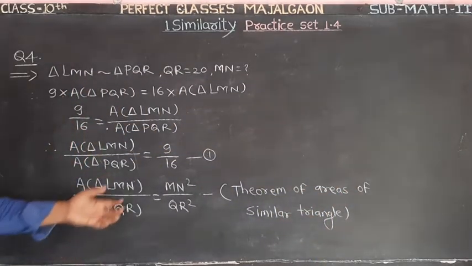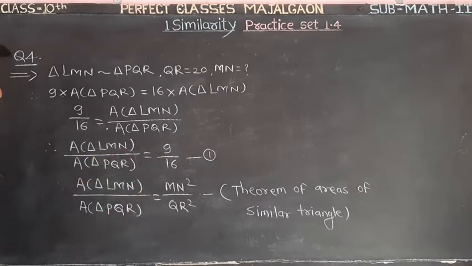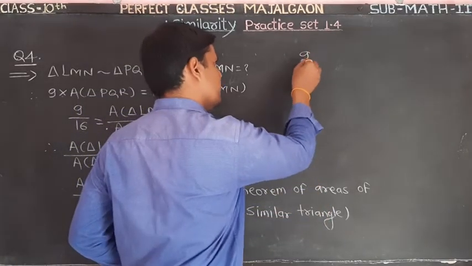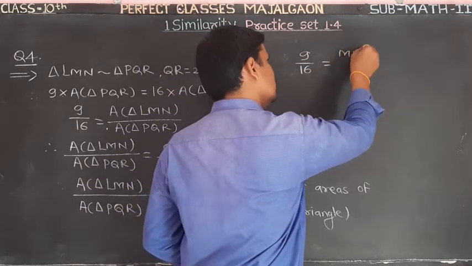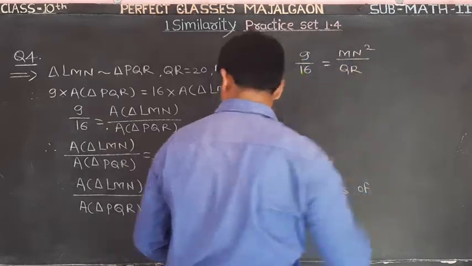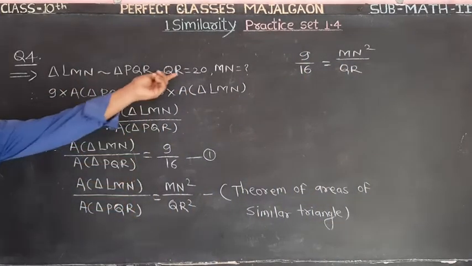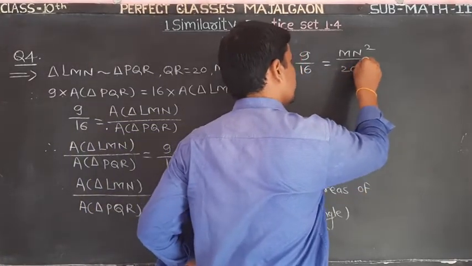Now we substitute the values. From equation 1, we substitute the ratio. The ratio is 9 upon 16 equals MN square upon QR square. Also we write the value of QR. QR is given, it is 20. Here I write the value of QR as 20 square.